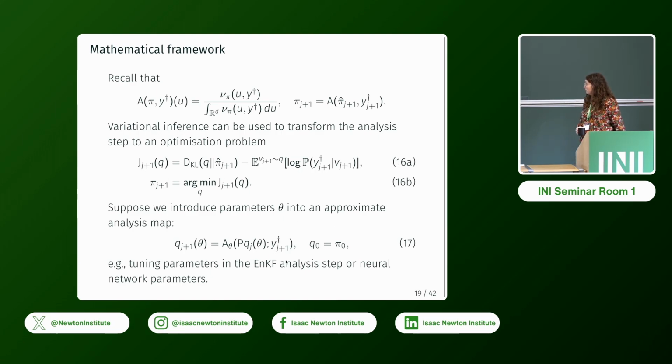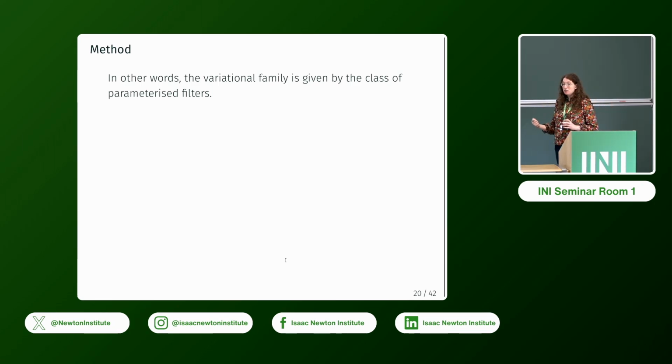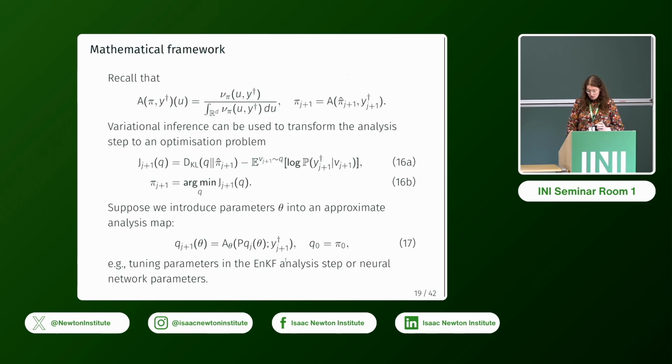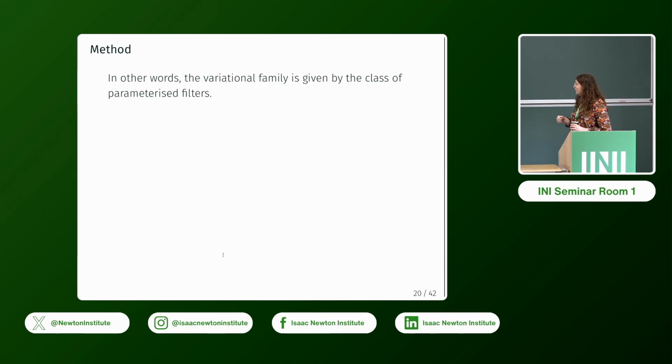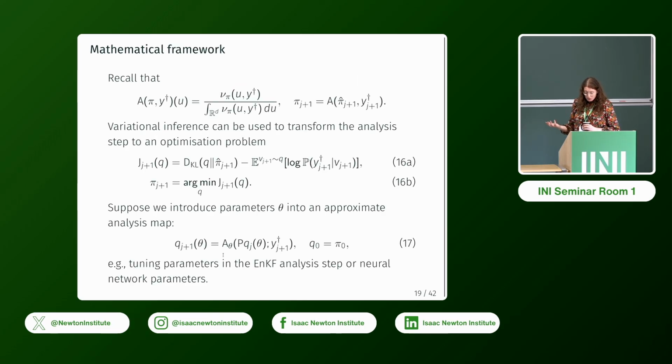So now we have this recursion. What we're essentially doing is choosing the variational family to be a class of parameterized filters, because any approximate filtering algorithm instantiates this analysis map, and so we're implicitly restricting the variational family to this class of parameterized filters. And then, of course, if the true filter is in that class, then we'll recover the true posterior.